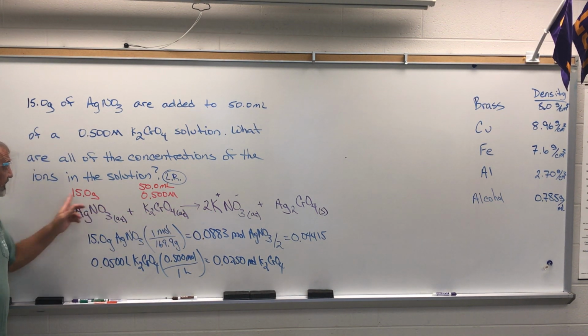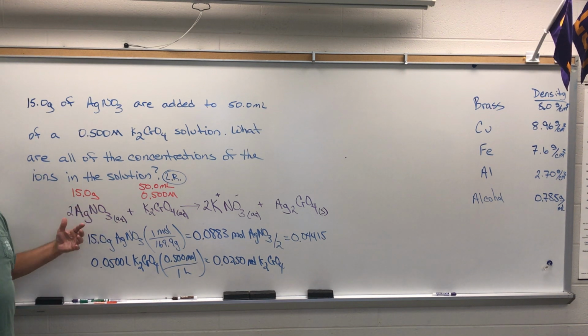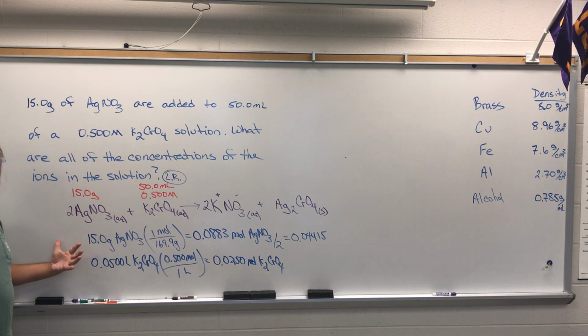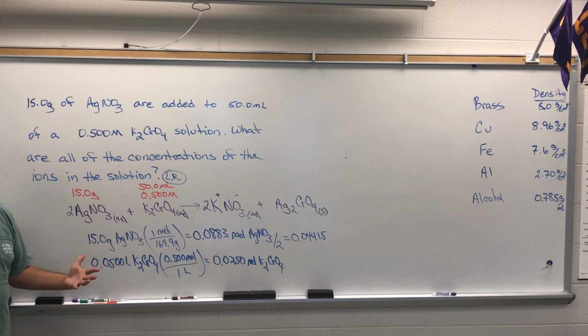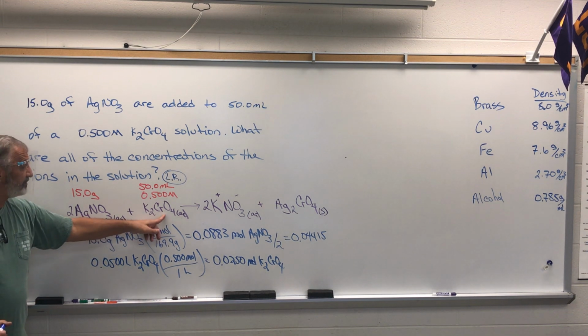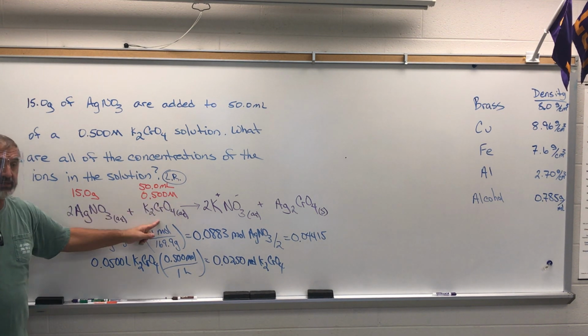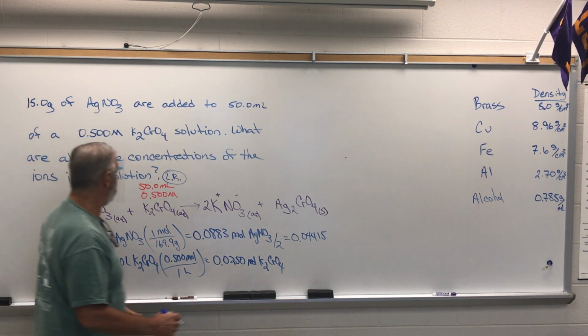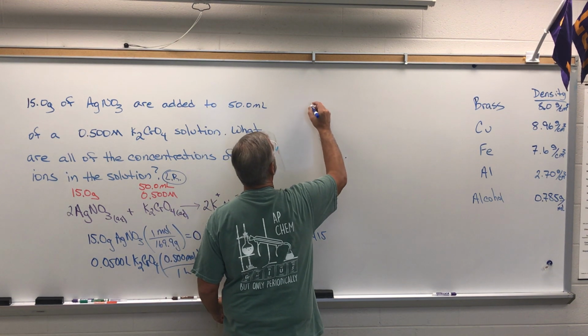So which one of these is going to change? The silver. Okay? The potassiums and the nitrates are going to stay the same. Whatever you put in, that's how much is going to be there at the end, because none of it precipitated out. We're not going to have any chromate left because it's all over there, it's the limiting reactant. But we are going to have some excess silver.